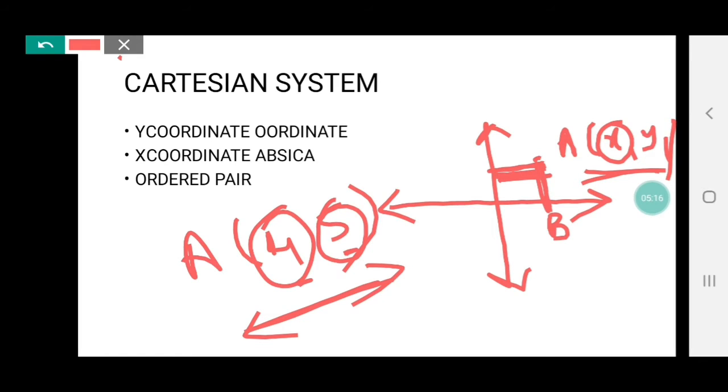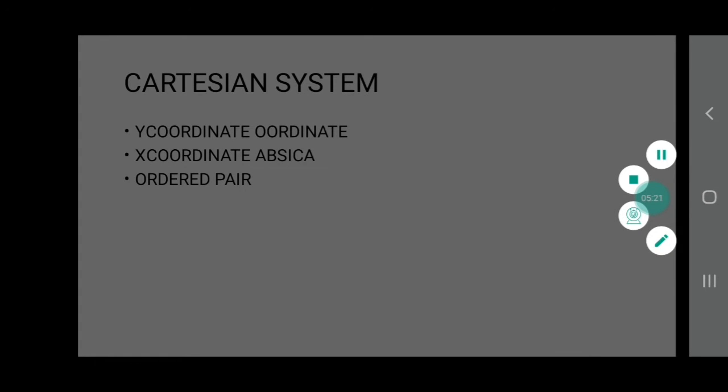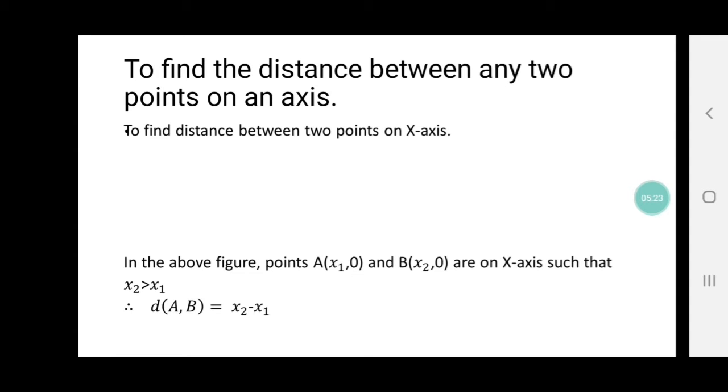Okay, now we move on to the next part, that is to find the distance between two points. So first we'll take the points which are represented on the x-axis.